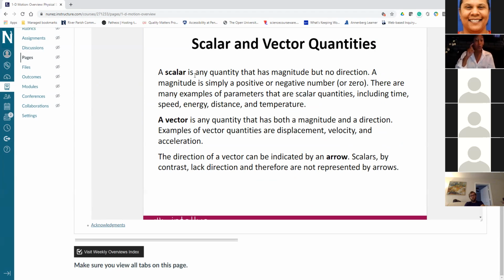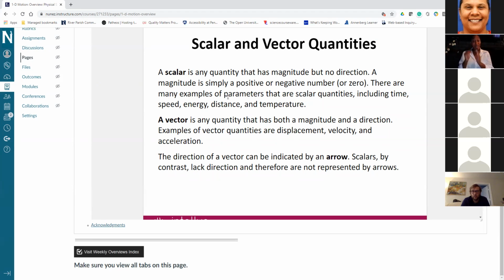So a scalar quantity is any quantity. Remember, a quantity is something that can be measured. A scalar is any quantity that can be measured that has a magnitude but no direction. A magnitude is simply a positive or negative number or zero.